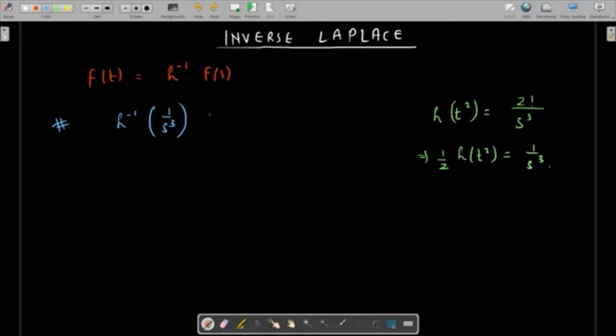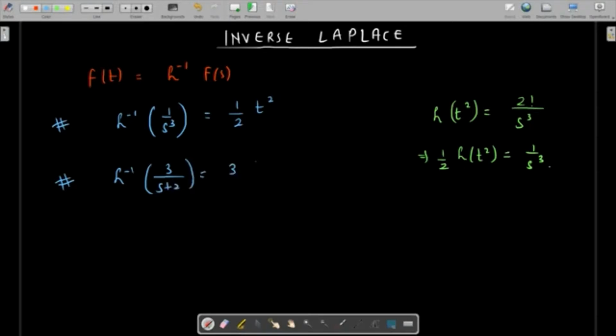So we can say that the inverse Laplace of 1 over s cubed is nothing but 1 over 2 times t squared. If we take the inverse on both sides, this will just cancel and the inverse sign will come over here.